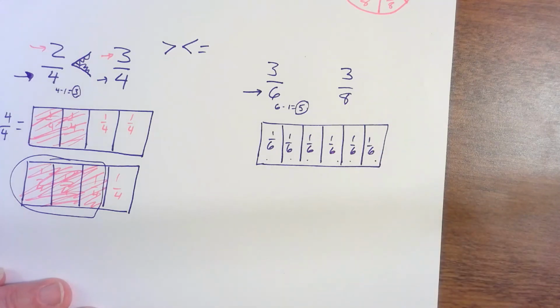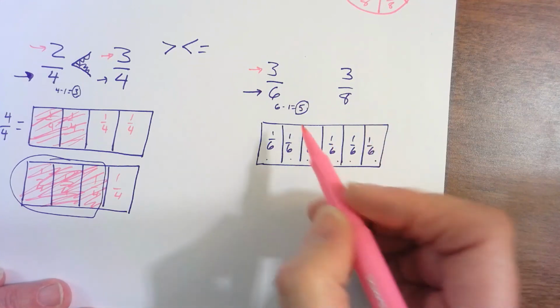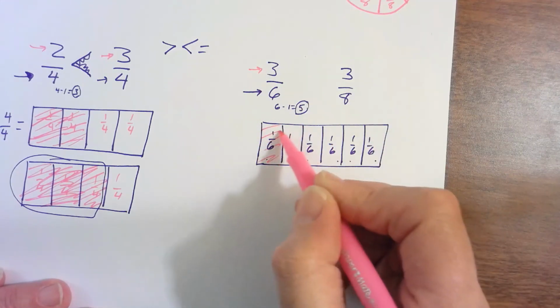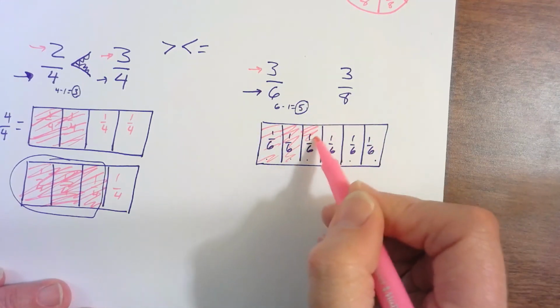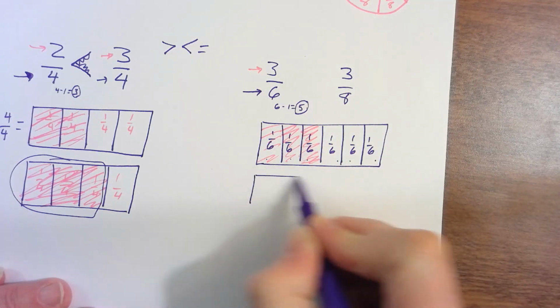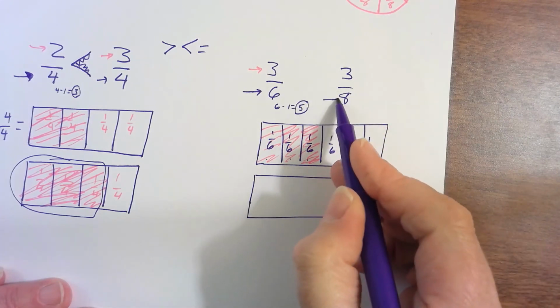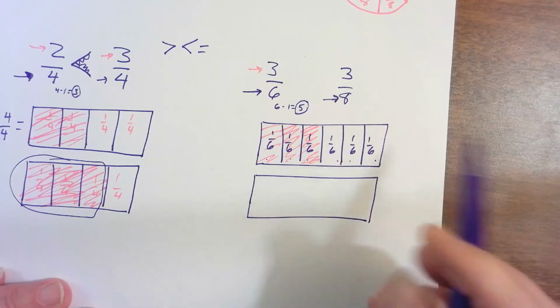Okay? Alright. They want us to shade in 3/6. So here's 1, 2, 3. Okay, now we're going to make another rectangle the same size. And this is different, though. It says 8ths.